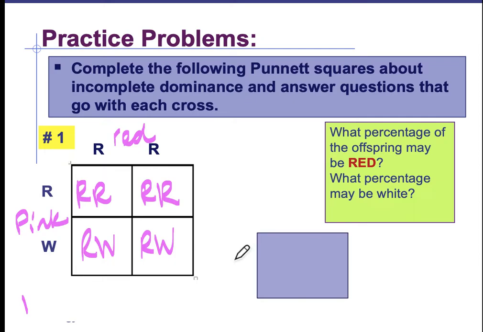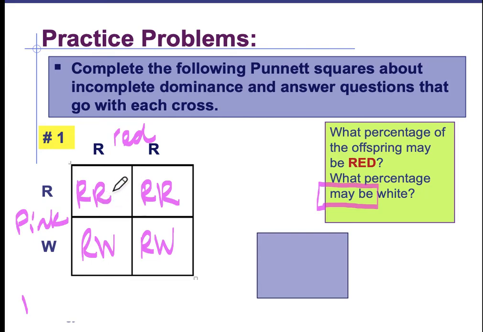So we have done our Punnett square, and the question we're asking is, what percentage of the offspring may be red and what percentage may be white? We're going to emphasize the fact that we're saying "may be" here, because what does a Punnett square tell you? It tells you the possible outcomes that are available. If these are the possible outcomes, but you don't have 4 offspring, you might not get one of each.